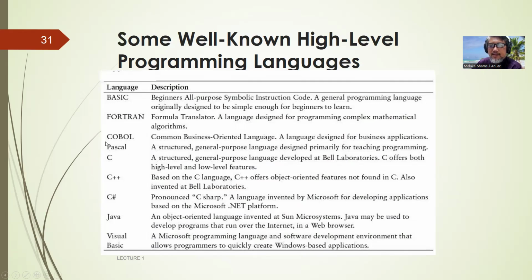Pascal, when I was in the States, we used Pascal maybe in my third year. C++, I think I learned it at graduate level when I was doing my master's. C Sharp, I'm not familiar with that, but I heard it's much easier than the other two C's.